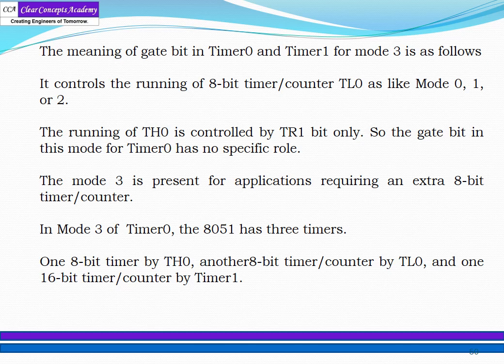That means the 8-bit TH0, timer 0 high byte, another 8-bit TL0 byte of timer 0, and 16-bit of timer 1, all 16 bits of timer 1. This is how 3 timers will be taking part.